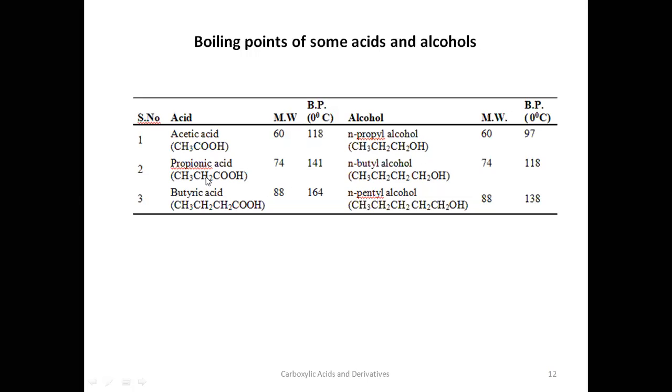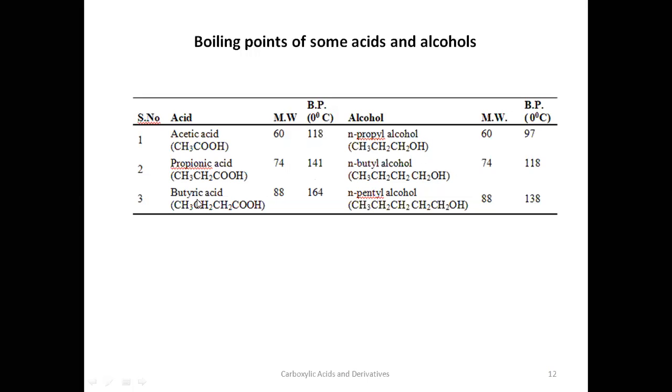Okay. Now let us see another example. Propionic acid, molecular weight is 74. With this molecular weight, the alcohol possible is butyl alcohol. The boiling point of propionic acid is 141, whereas the boiling point of butyl alcohol is 118. See the difference here.